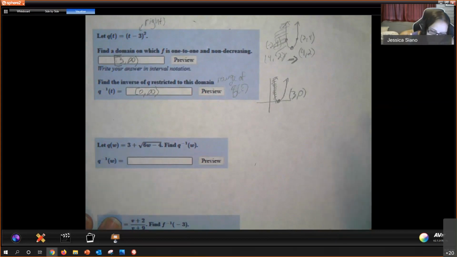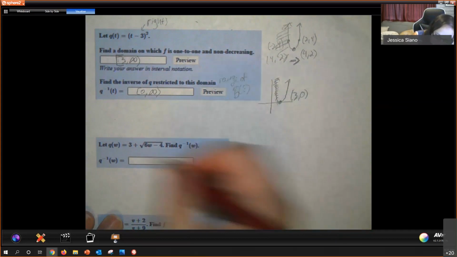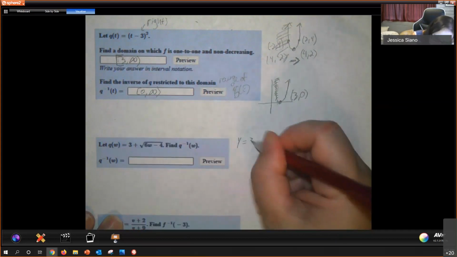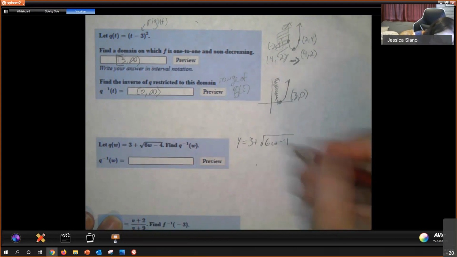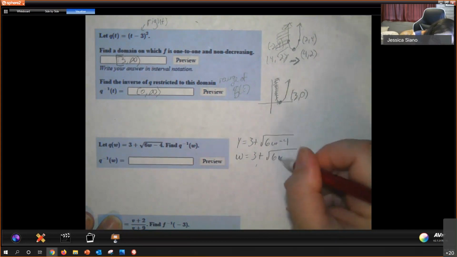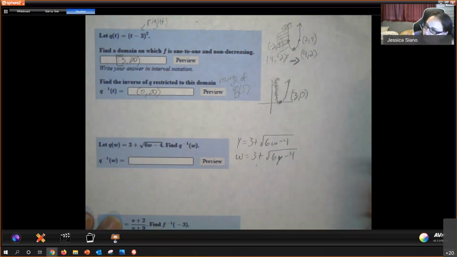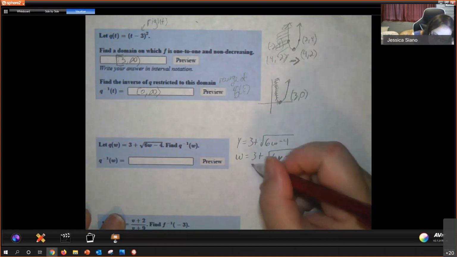All right. So then let's look at the next one. Again, my 3 steps to finding the inverse are change f of x to y, then swap x and y, and then solve for y. So to solve for y, the first thing that I'm going to do is subtract this 3.